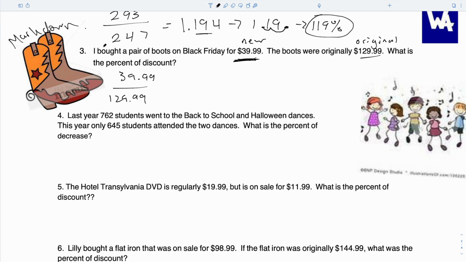Okay, divide that in your calculator. Go. What is my answer, Isabella? 0.376?